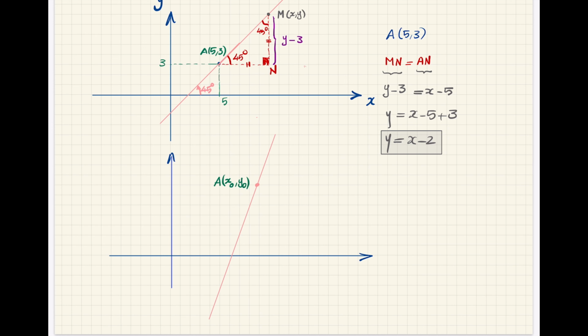This is the common notation that I am using, x naught and y naught. Instead of 5 and 3, I have a typical number. And instead of giving you this angle to be 45, let me give you this angle to be theta.